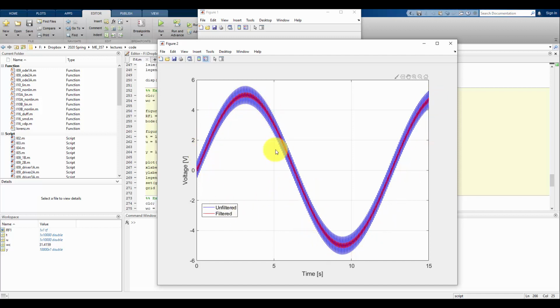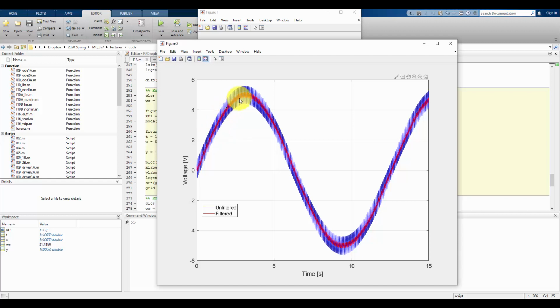One thing is apparent: the high frequency part, this rapidly changing value, that's the 100 radian per second part of the signal. That part of it is much smaller. It should be about 30% as large in amplitude as what we saw before. However, the slow moving part of the signal, that 0.5 radians per second, has been pretty much preserved here.